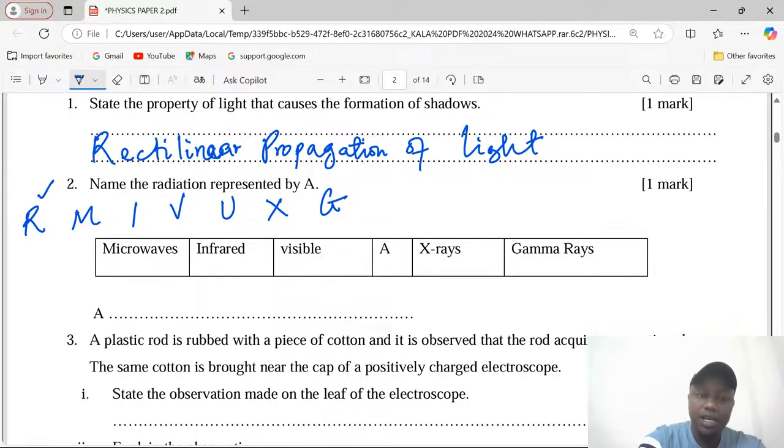So radio waves, microwaves, infrared, visible light, then we have the UV, the ultraviolet, then X-rays and gamma rays. Roasted maize is very unusual Xmas gift.